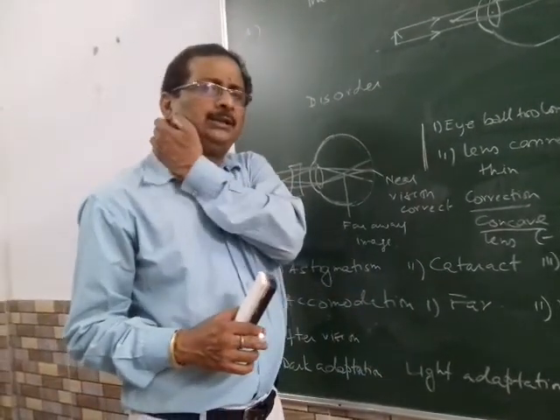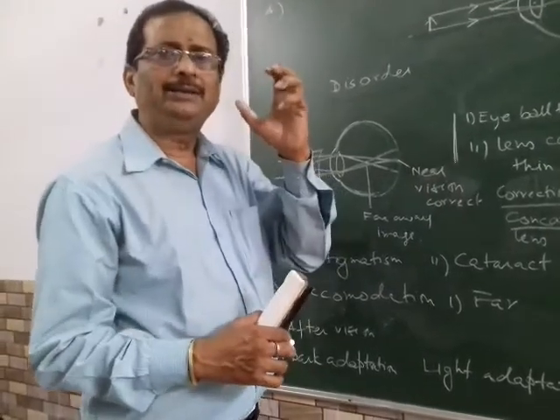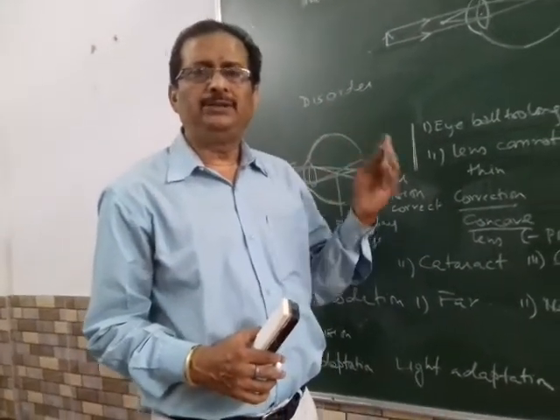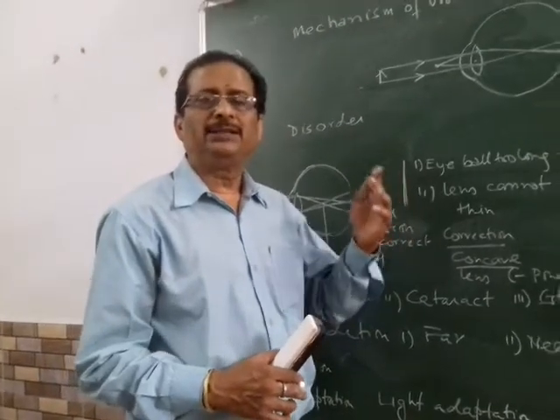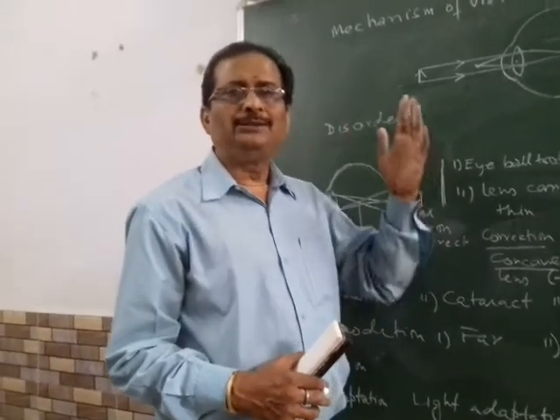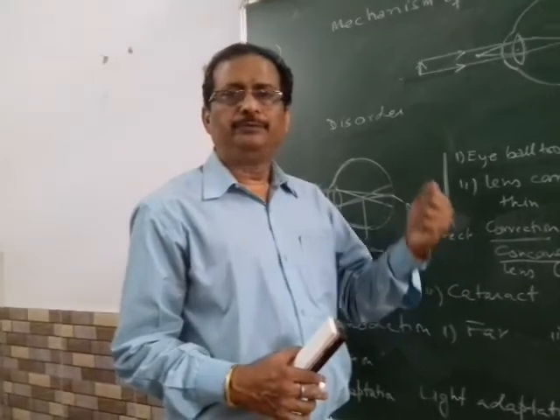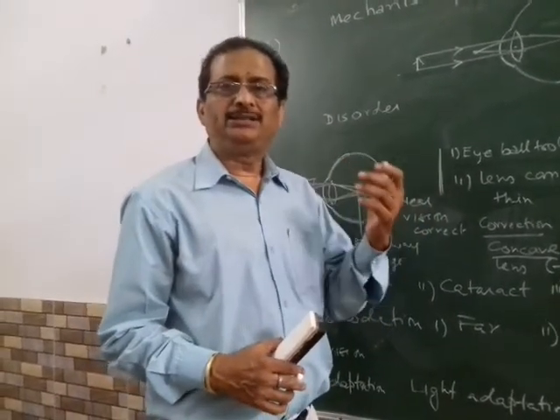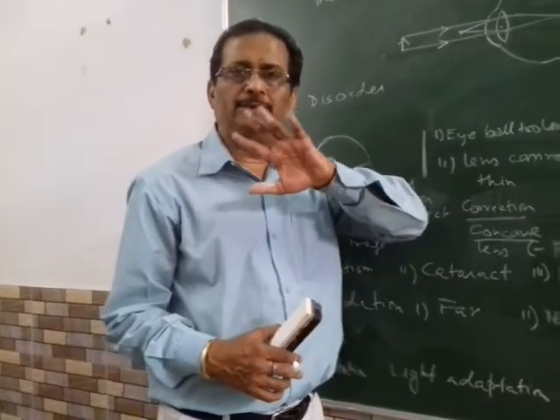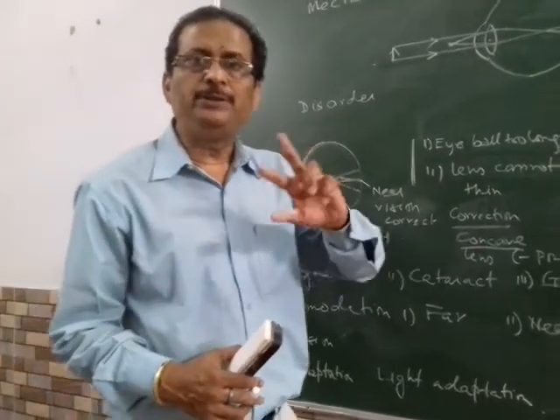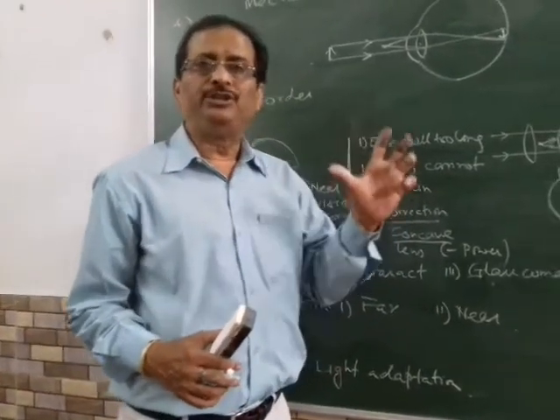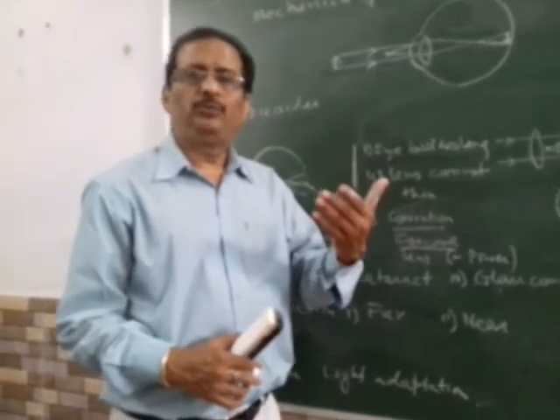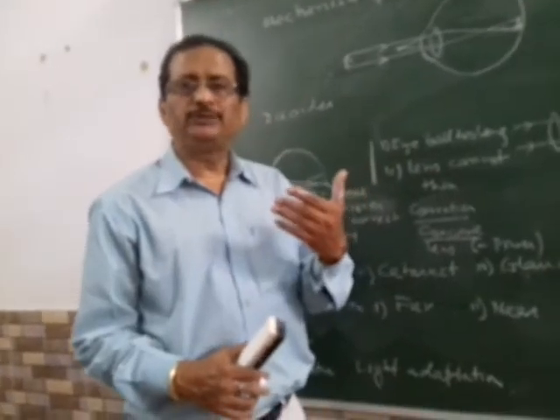Now the next is after vision. The object can remain in the eye for 1/10 of a second; if it is more than 1/10 of a second, the brain can visualize an object. If an object moves at a faster rate than 1/10 of a second, we cannot distinguish between two frames of a picture. Suppose an object is moving at 1/20th of a second or 1/24th of a second.